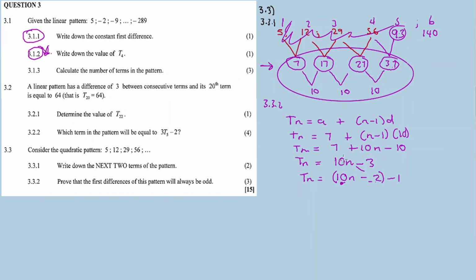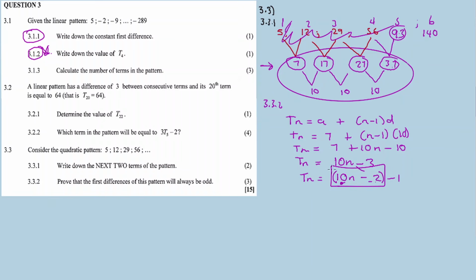10 times 2 is 20, an even number. 10 times 5 is 50, an even number. So now minus 2, which is an even number, I get an even number again. So I'm trying to have even numbers under the same bracket, to isolate the even number, right?